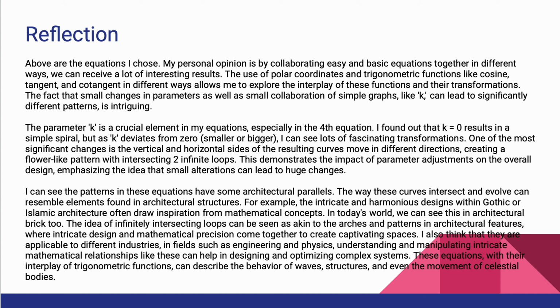This student had a rather long reflection, which is wonderful because I love hearing how my students think about things. This student found that by cobbling together a lot of the basic equations in different ways, they could get really interesting results. So you don't have to come up with all these crazy designs and crazy equations. Sometimes just putting together really simple things can make some really interesting images.